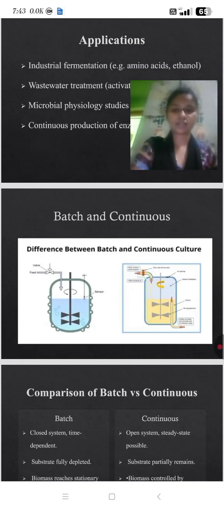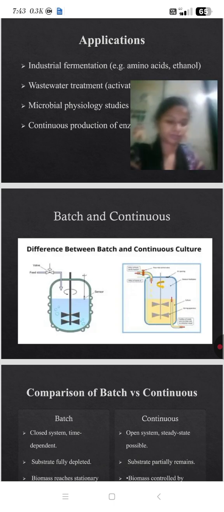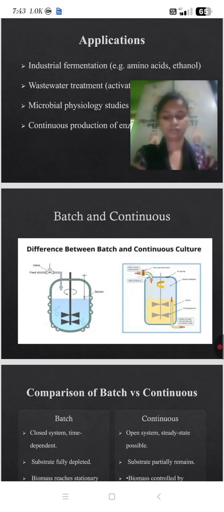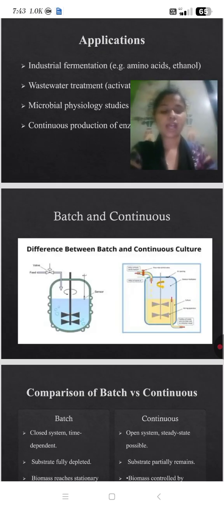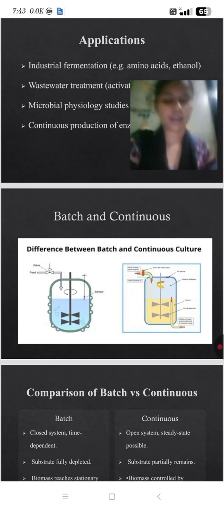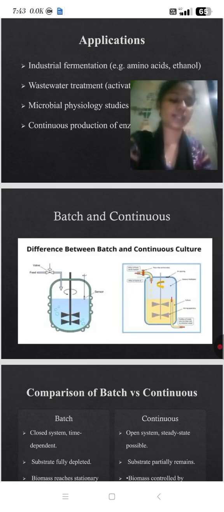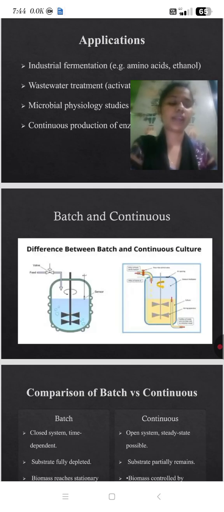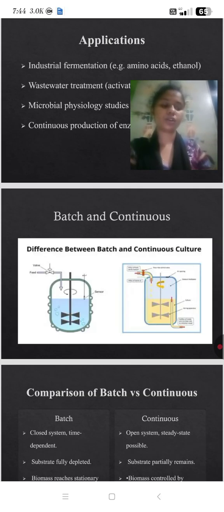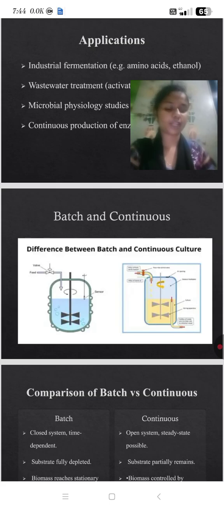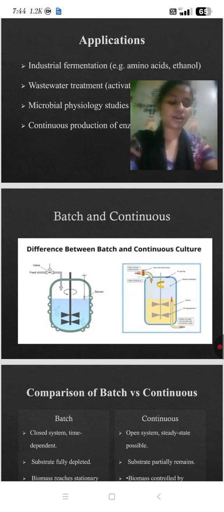Batch and continuous aspects. Batch culture, continuous culture. System type: closed system, open system. Nutrient use: substrate completely consumed, substrate partially fermented. Growth phase: the environment reaches the stationary phase, versus can maintain steady state growth.